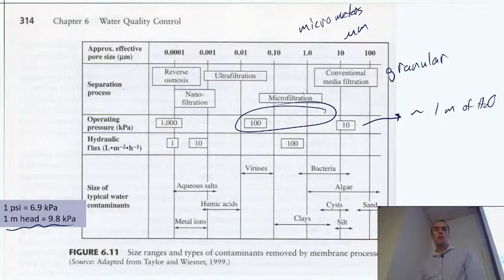So we could operate maybe a large pore size microfilter around that range, or we could go up to about 10 meters of water, 33 feet or so, and that could actually power something that's getting into what we call the ultrafiltration range, which will start removing viruses.